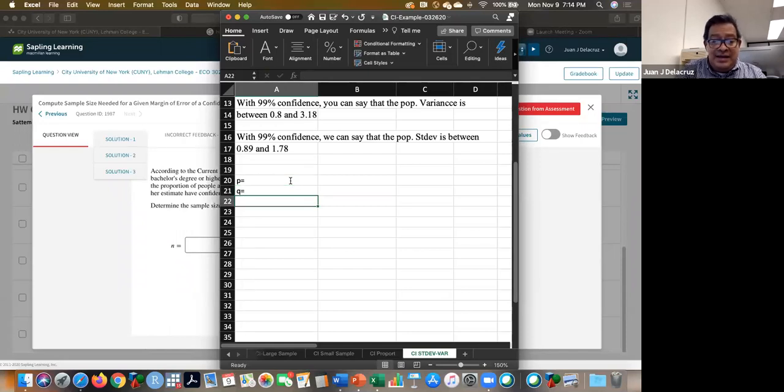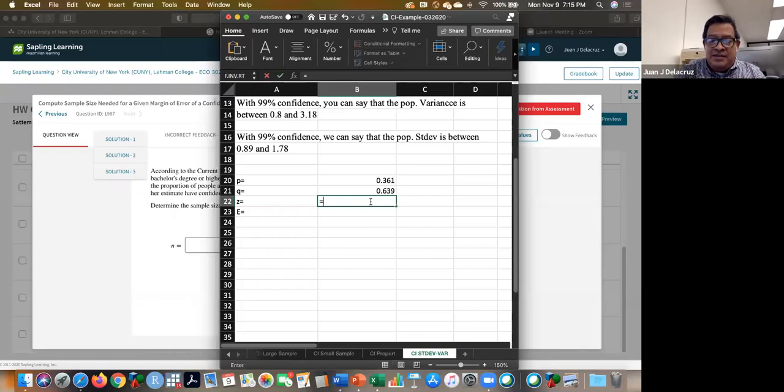We need Z, and we need the margin of error, which is C. So here we have 0.361, and here we have 1 minus 0.361. So this is my P, this is my Q, this is my C.